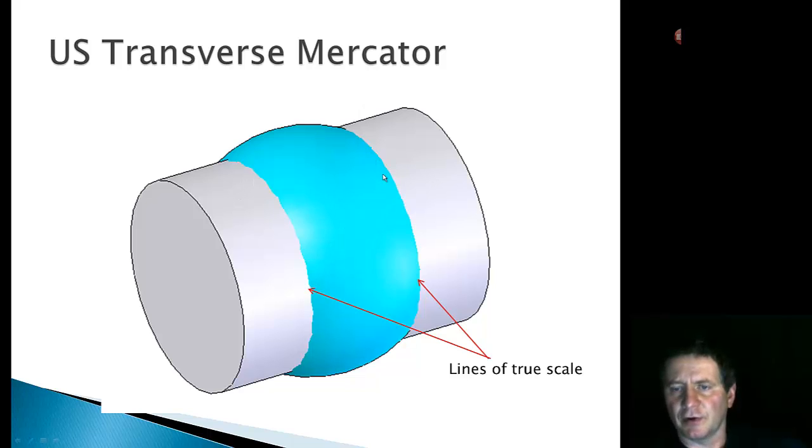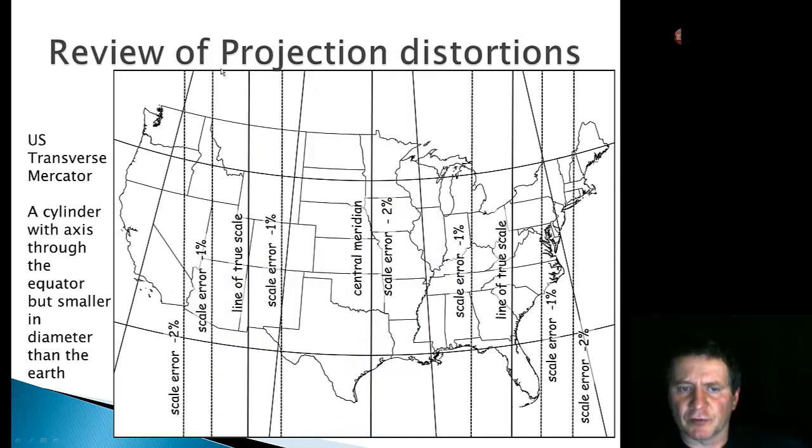This is transverse Mercator, so what you're going to do is get lines of true scale. So we slice a cylinder through the earth, but the cylinder is a little bit smaller than the earth. So we have a true scale here and a true scale there. And we take the transverse Mercator for the entire US, and that would be a true scale line here.